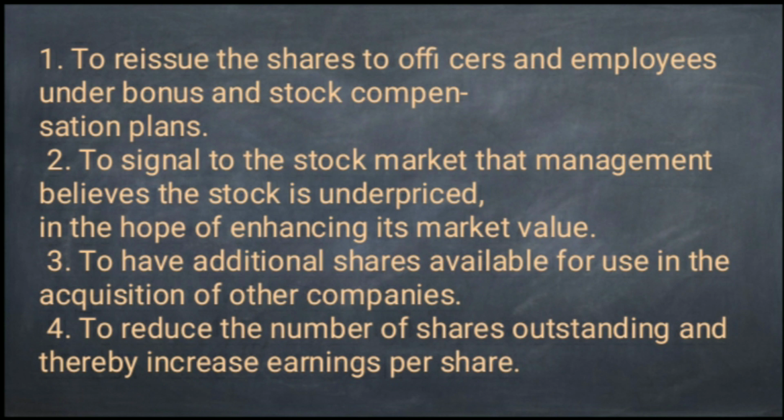To signal to the stock market that management believes the stock is underpriced, in the hope of increasing its market value. 3. To have additional shares available for use in the acquisition of other companies. 4. To reduce the number of shares outstanding and thereby increase earnings per share.